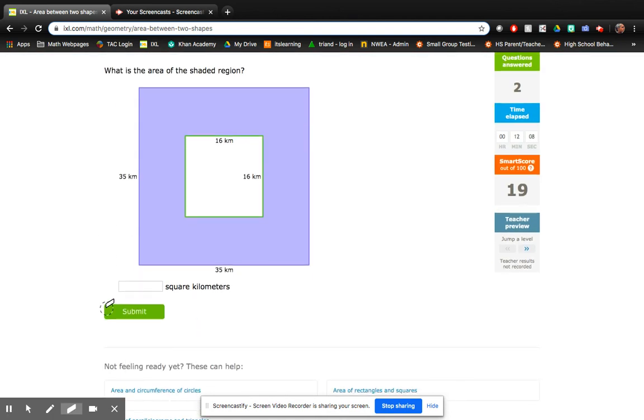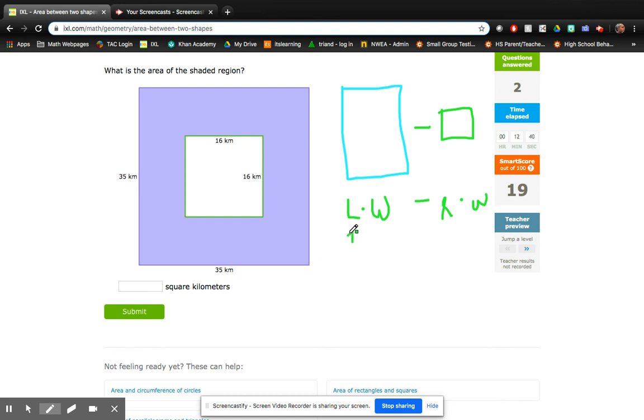Okay, this next one is a square minus a square, right? So I'm going to do this big outside square minus this little inside square. So our outside square is 35 by 35. We can do side squared, or we can do length times width, however you want to do it. I'm just going to do length times width. And then 16 times 16, length times width, and I'm going to use those lowercase letters. So we're going to have 35 times 35 minus 16 times 16.